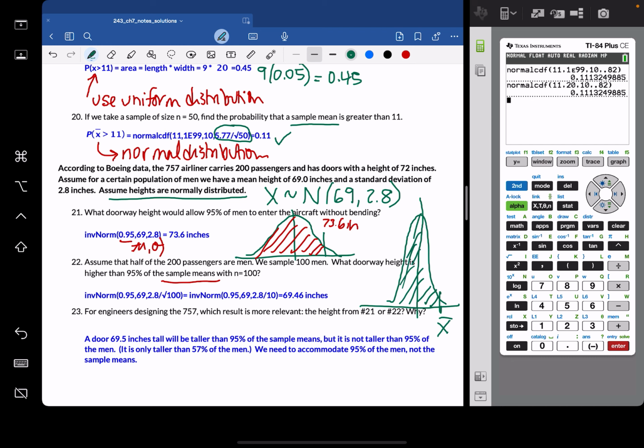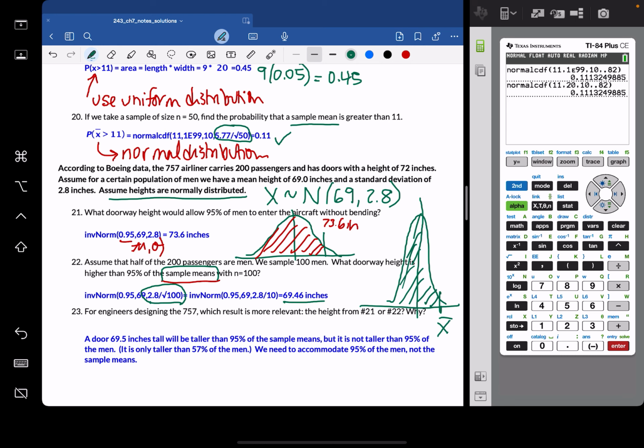And so inverse normal, everything is exactly the same except for sigma becomes sigma over root n. And that's the awesome thing about this chapter, is it's almost exactly the same. Well, not quite exactly the same, but it is a lot of the same stuff that you learned in chapter 6, except you just need to remember to apply the central limit theorem and change sigma into sigma over root n whenever we're talking about the sample means. So if you go and do this, you get 69.46 inches.